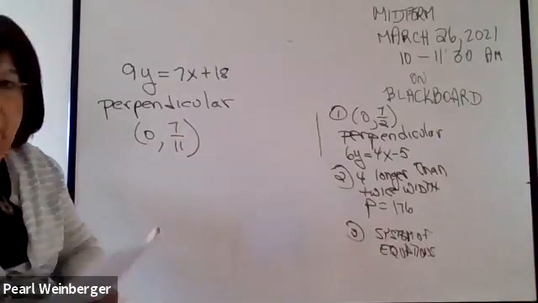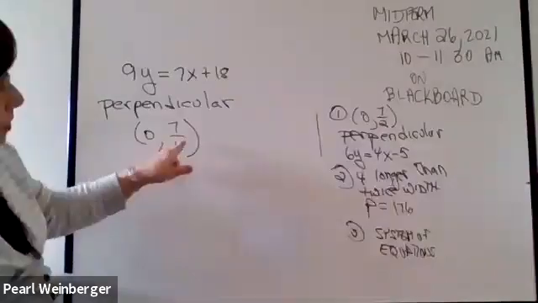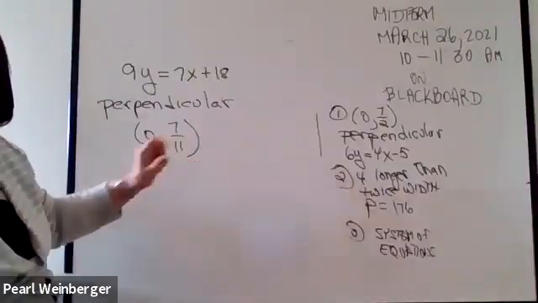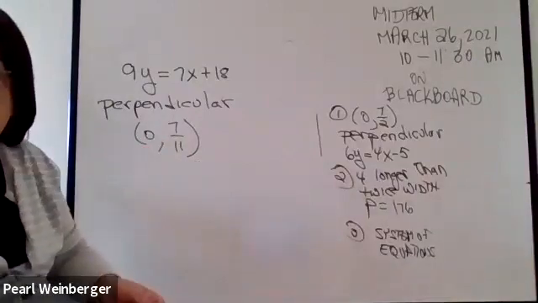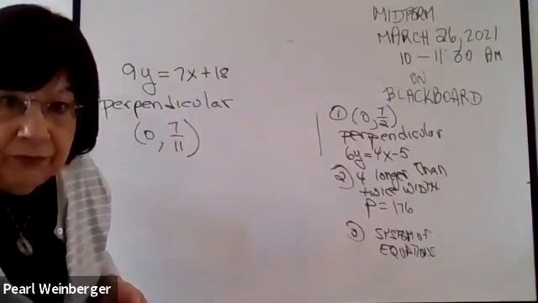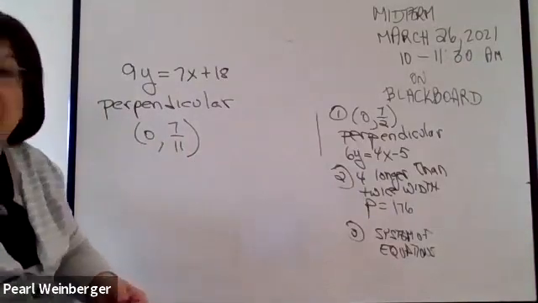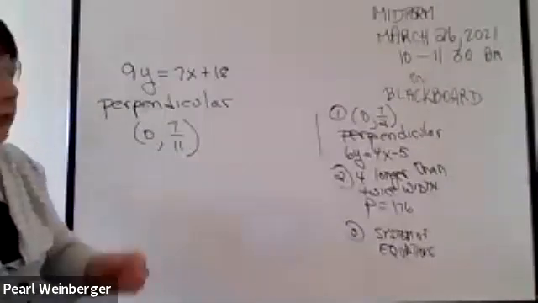By the way, what does it mean when the x is 0 in a point? What point is that called? When the x is 0, then this number is what we call the y-intercept, because the y-intercept is always where the x is 0.